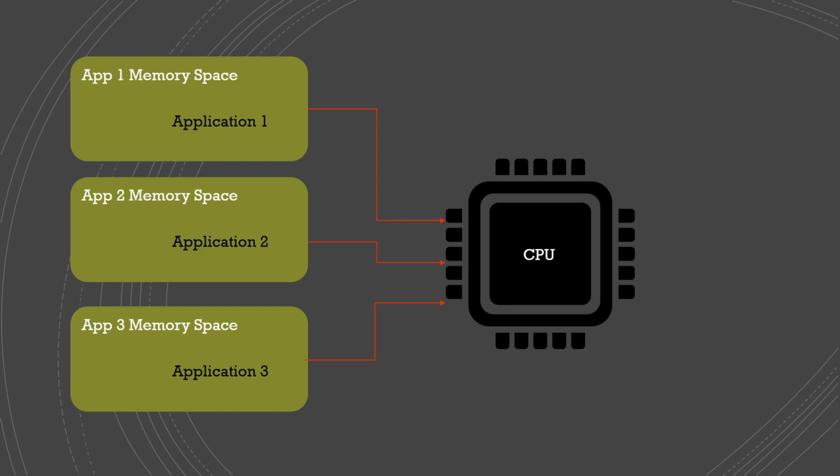It is possible in some programming languages to mess with the memory space of another program, but you would have to explicitly start working with memory addresses, and that's something that is not even possible in Java. But the thing to remember is that in multitasking, every application has its own memory space.